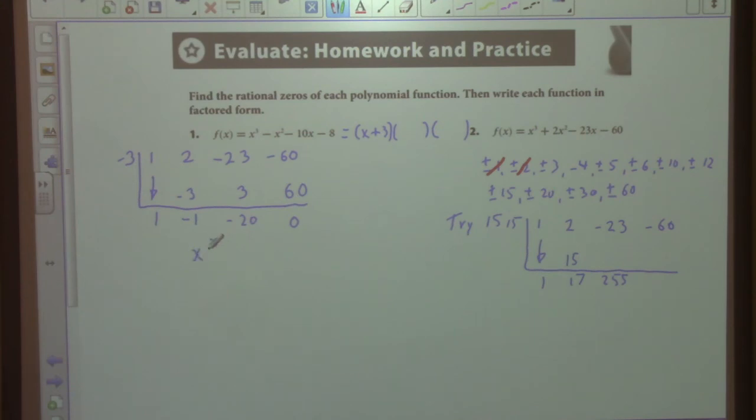We have x squared minus x minus 20. What's our factored form of x squared minus x minus 20? x minus 5 and x minus 4, right? Or plus 4, my bad. x minus 5, x plus 4. Does that work out? Yeah, it does, okay.